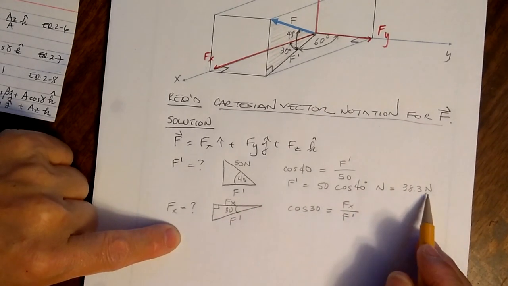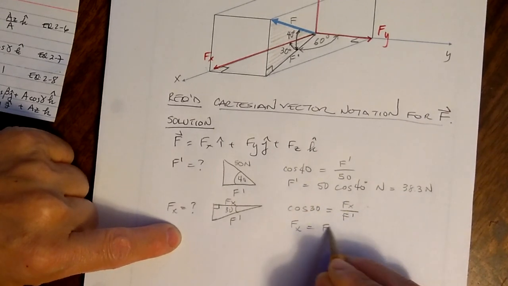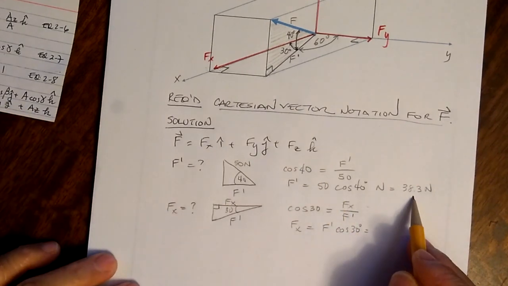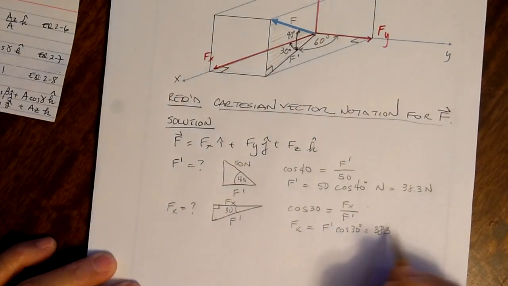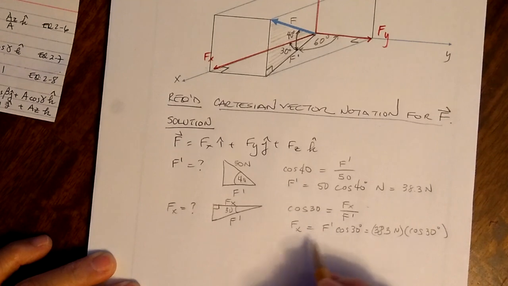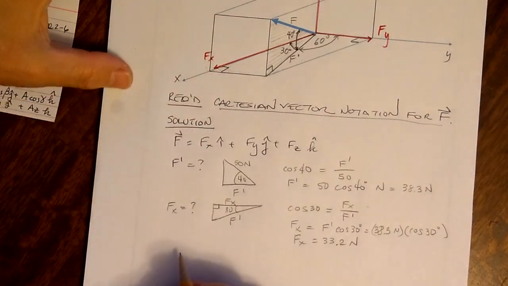And we know what F prime is. Therefore, F of x is F prime times cosine 30 degrees, where F prime is 38.3 newtons, times cosine of 30 degrees. That gives us a value of 33.2 newtons.